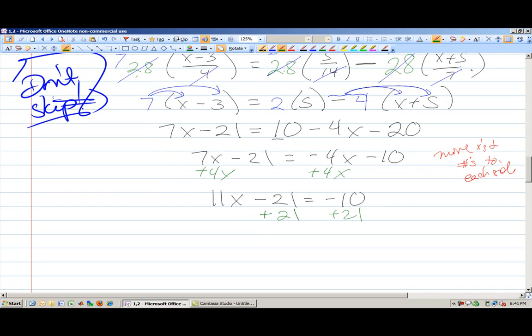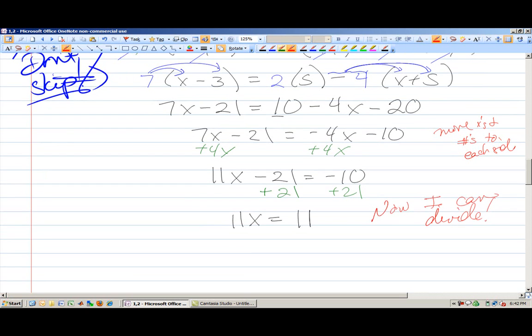And that lines me up with 11x equals, so I don't know, 11? Alright. Now that I've got all my numbers on one side and all my x's on the other side, now I can divide. So I'll divide both sides by 11 and get x equals 1.